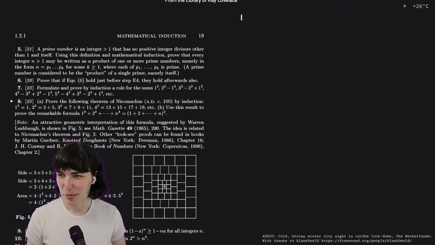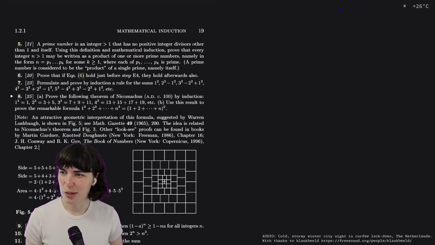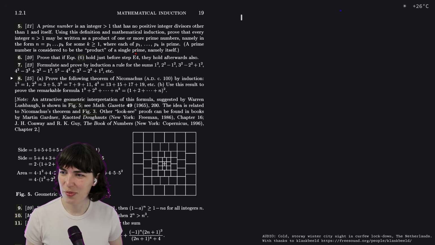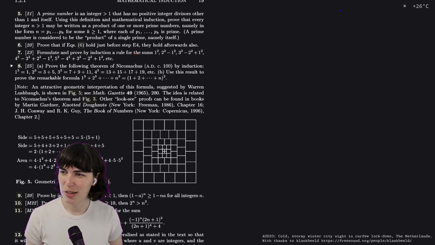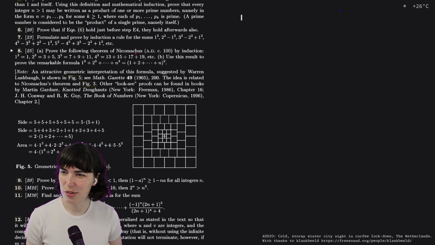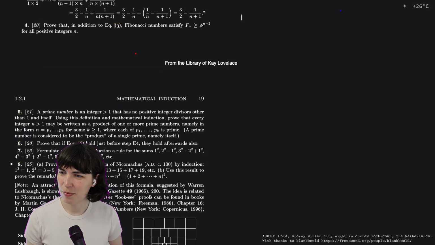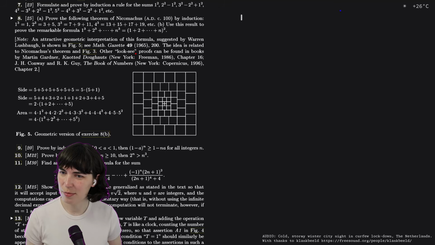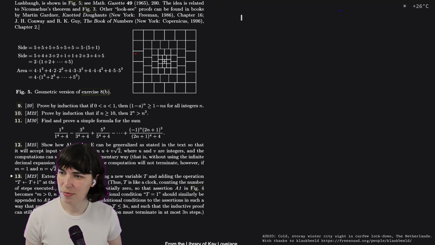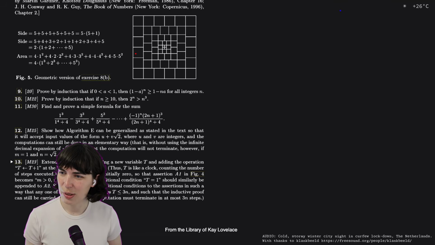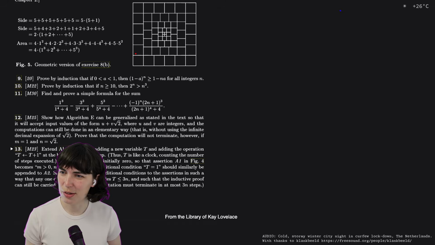Just curious about looking at some of the others. Prime number is an integer. Yeah, these get harder. We get some 20s, some 23s, some 25s. We get some mathematical ones.